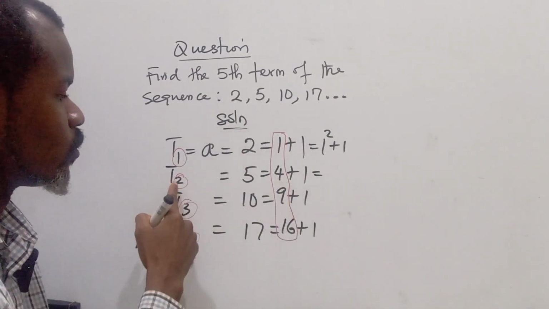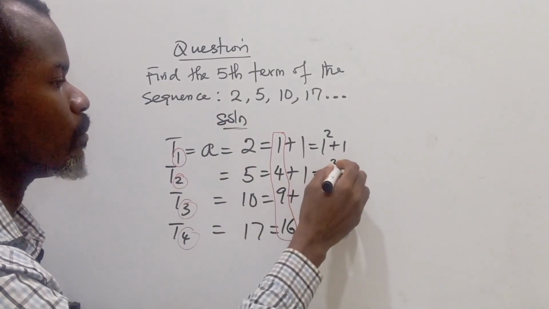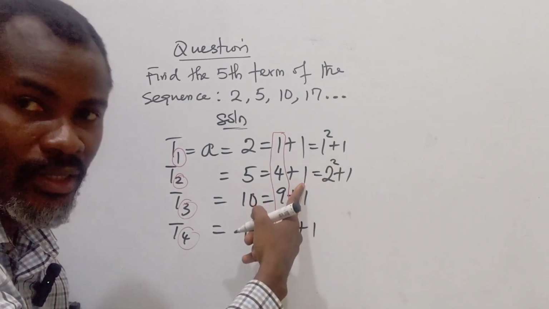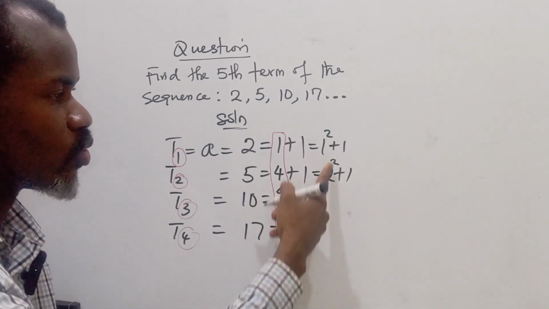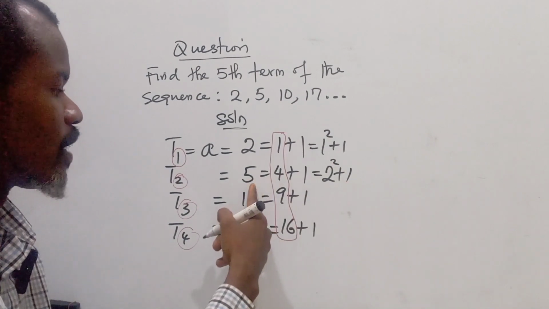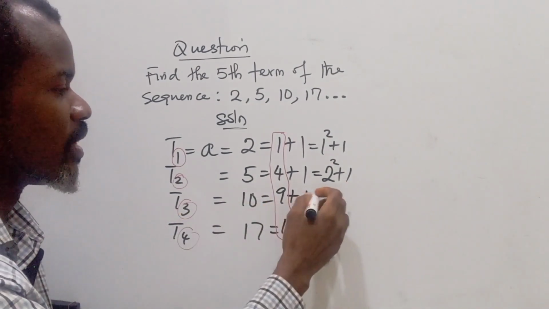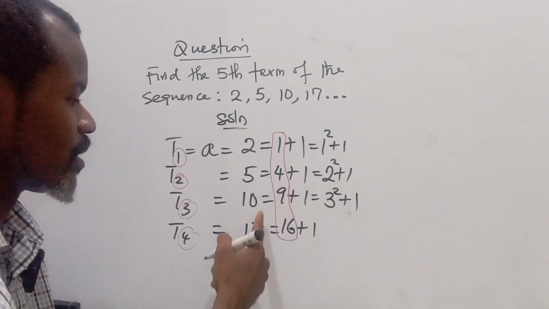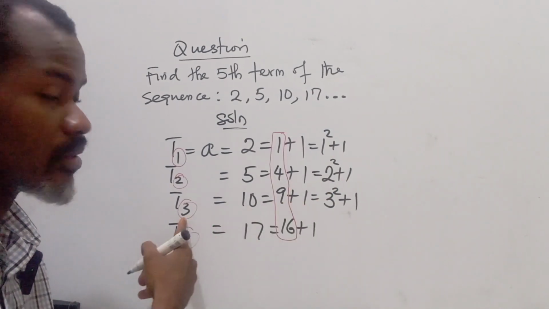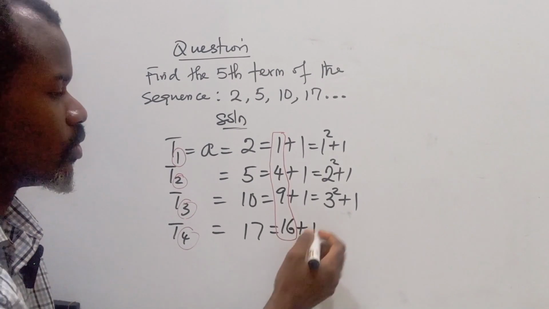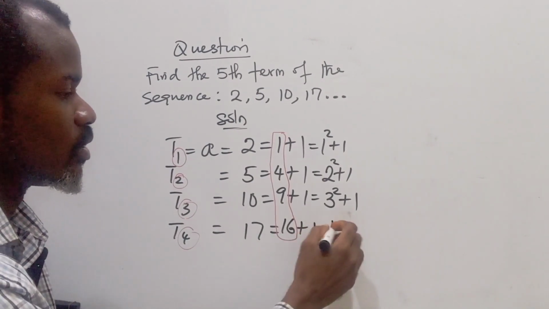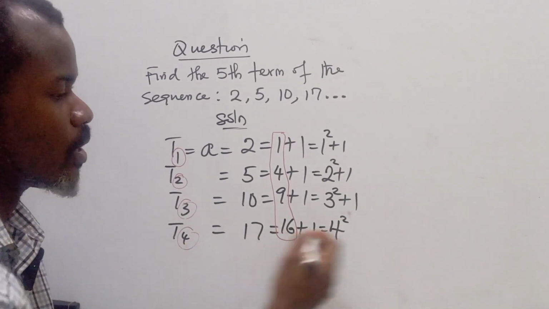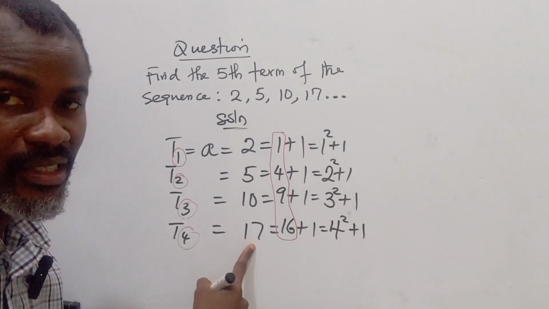Now this means 2 squared plus 1. The 1 is constant. So 2 squared is 4, plus 1, that will give me 5. For this, we have 3 squared plus 1. So 3 squared is 9, plus 1 is 10. The next term means 4 squared plus 1, which is 17.